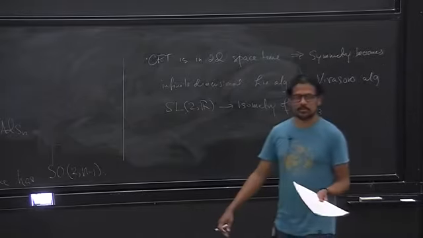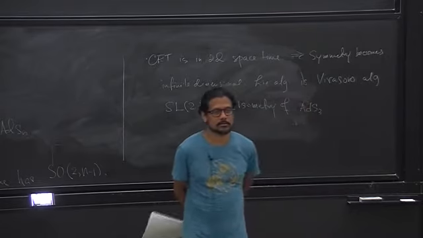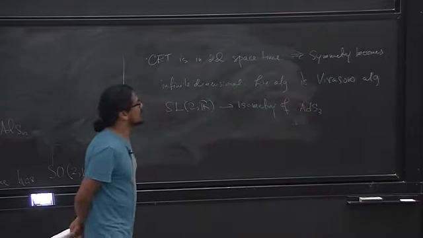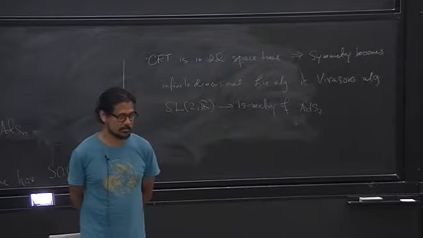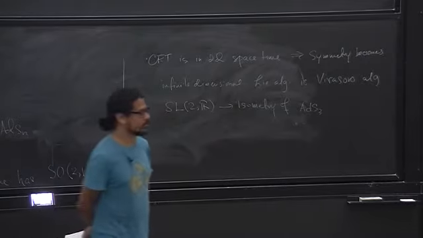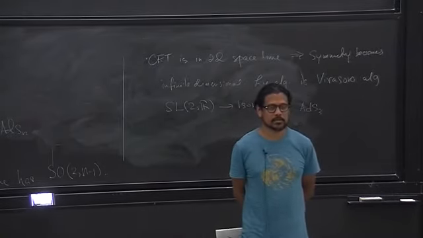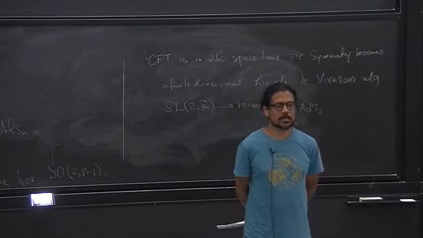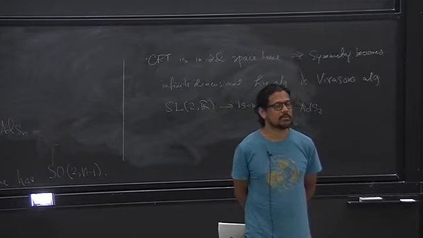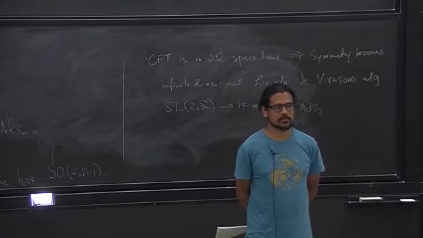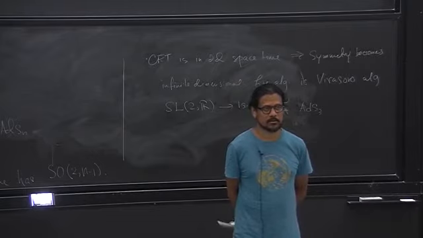Maybe we can take a 5-minute break. Is SO(n,m) the same as SO(m,n)? No. If it were, then we would say SO(1,3) is the same as SO(3,1). SO(3,1) would be in a space where we have 3 time dimensions and 1 space dimension, whereas SO(1,3) would be a Lorentz group in a space which has 1 time dimension and 3 space dimensions.